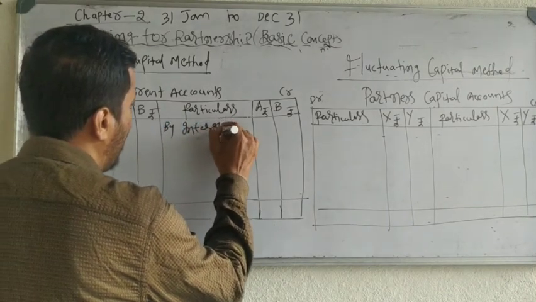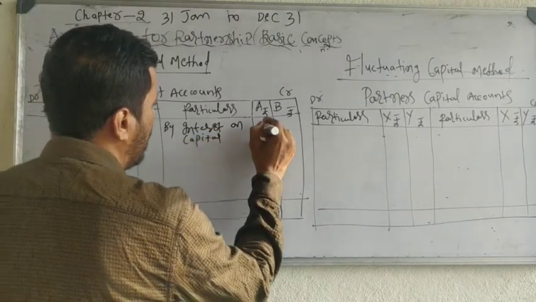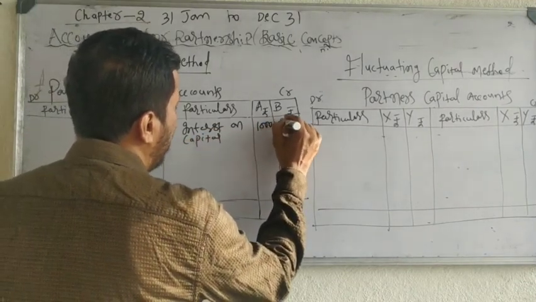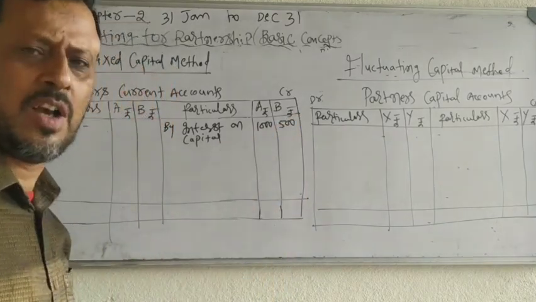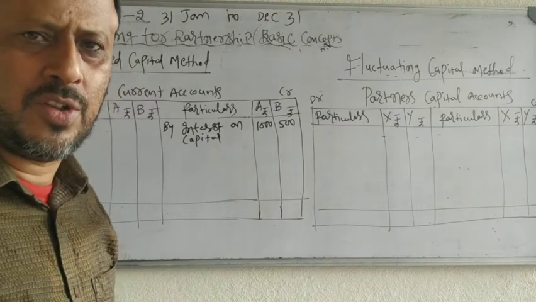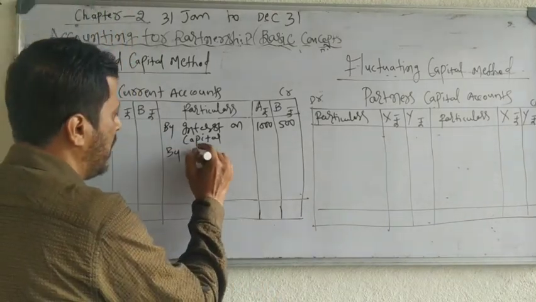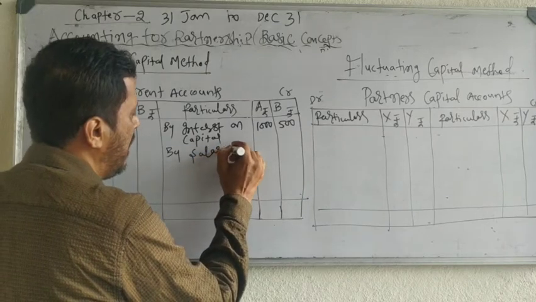Interest on capital, suppose 1,500. Approximately, just imaginary figures. You have to take imaginary figures. Salary: suppose A will get a salary of 1,000.